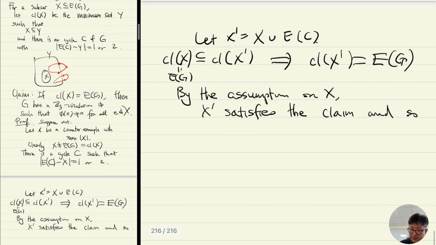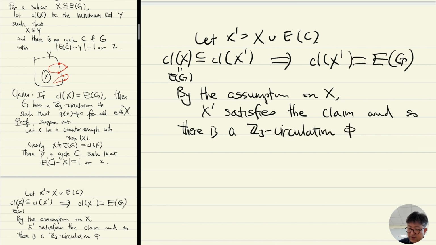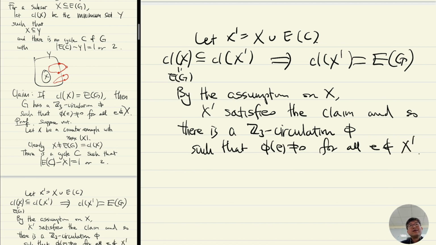And so there is a Z3 circulation phi such that phi of e is non-zero for all edges not in X prime.